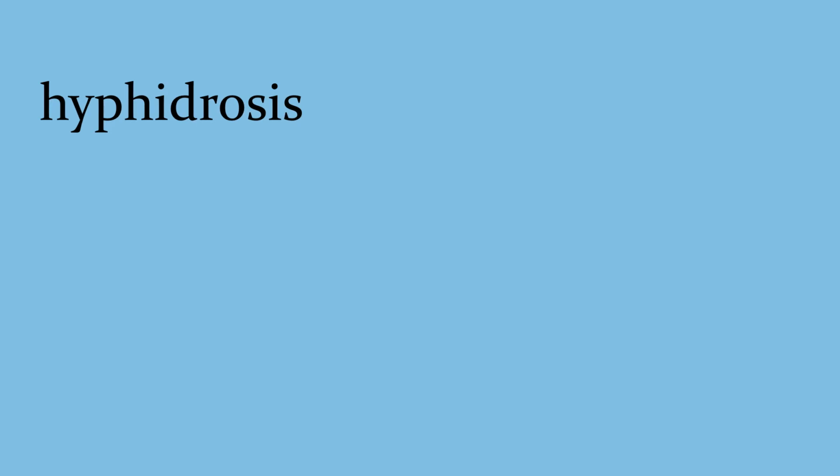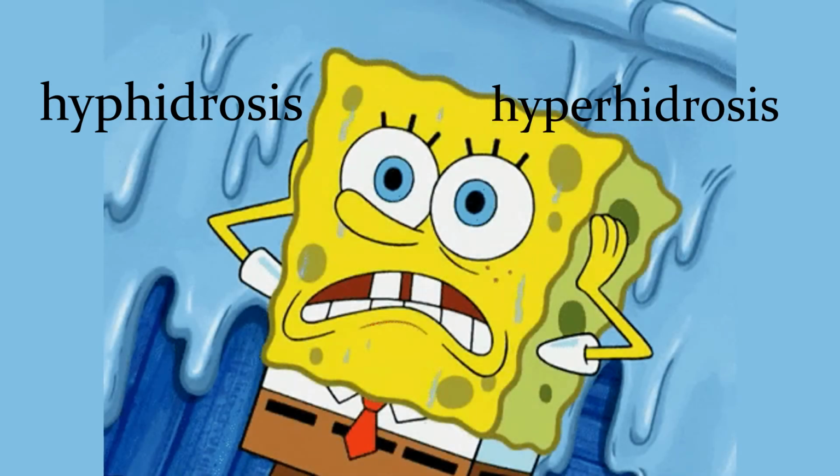So what would this new word be? Hyperhidrosis. You can pause if you need a second to think about it, but if you've been paying attention and taking good notes, you already know that hyperhidrosis is excessive sweating.